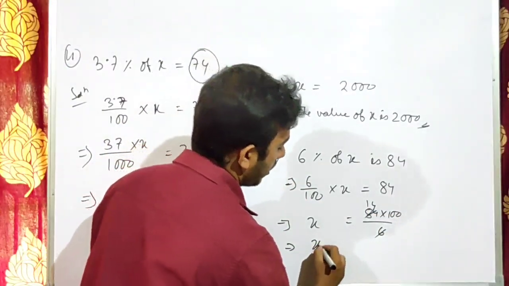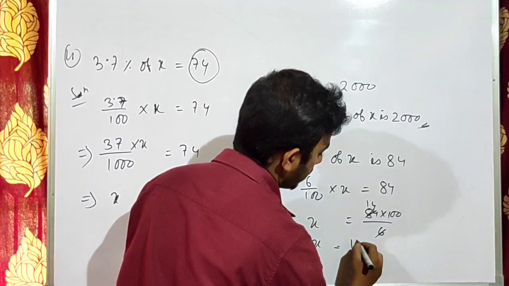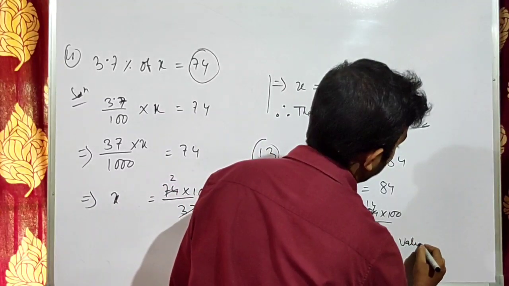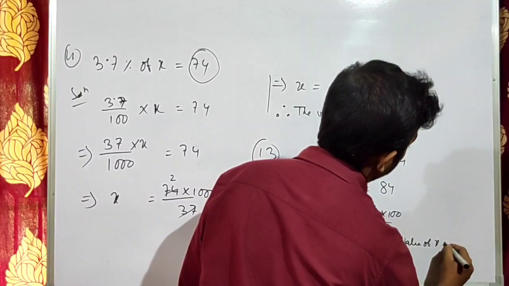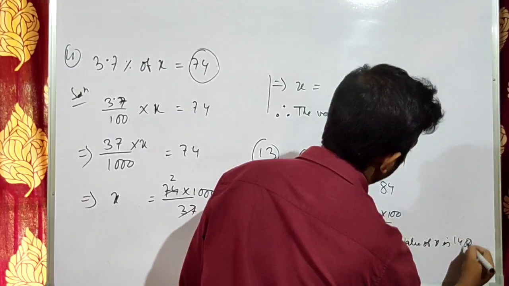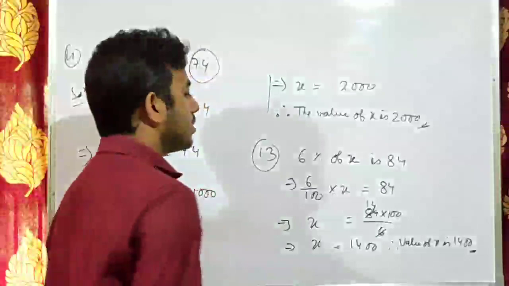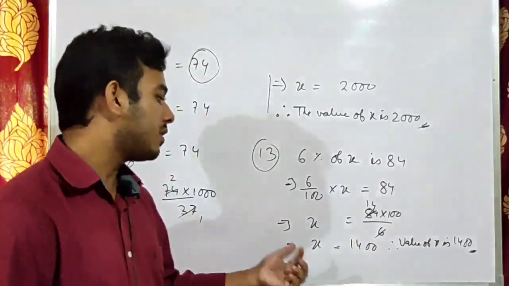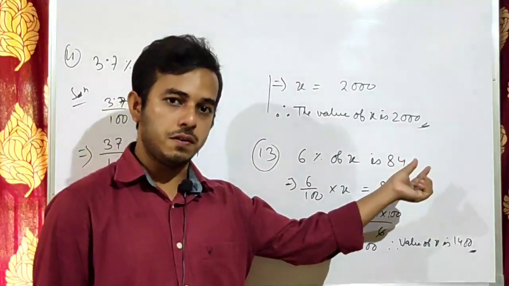So we write x equals 14 into 100 is how much? 1400. Therefore the value of x is 1400. After this clear? These are very easy questions, right? 6% of x is 84, that means 6% of 1400 is 84, okay.